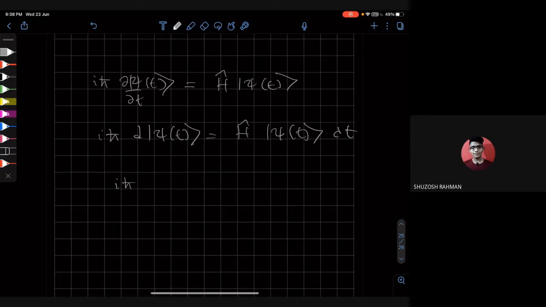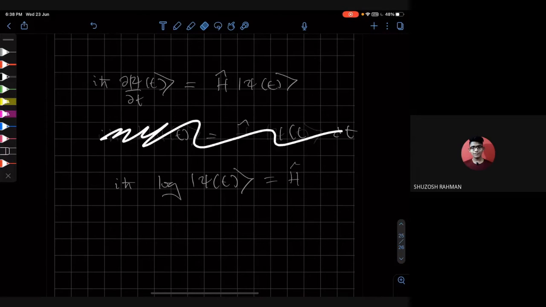It's i h bar times log of psi of t, and then I have h acting on some state. Okay, I think the better way to do this is like this.